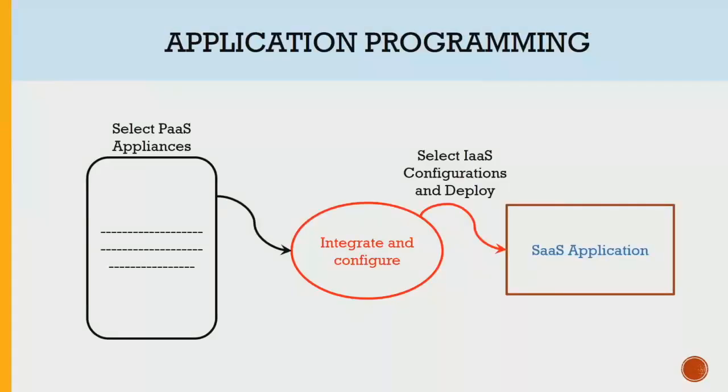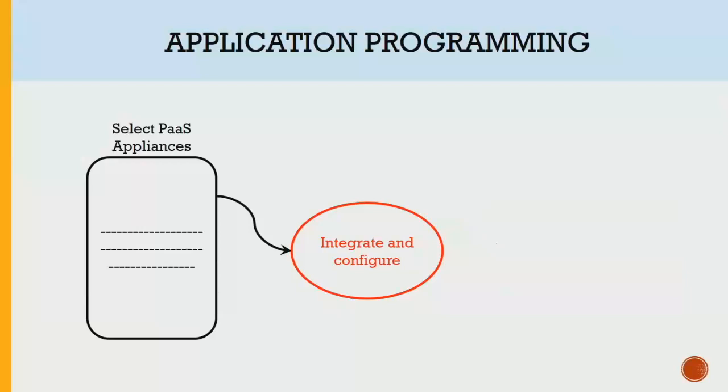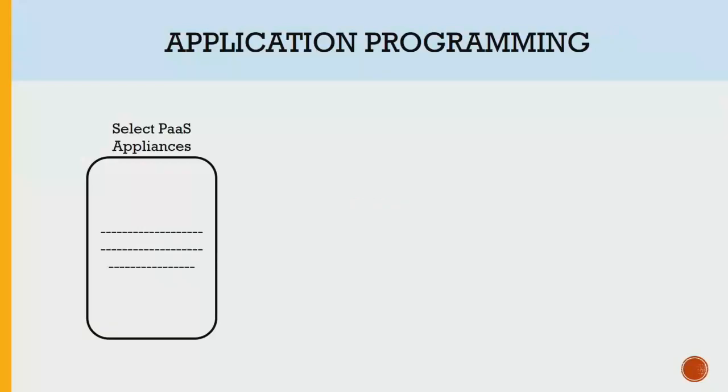Right, so till now we said this is the rough model. If you want to create some application that you want to deploy over public or private cloud, the first step is you have to select a set of virtual machine appliances or container appliances that you can get from Bitnami, Docker Hub, Amazon Marketplace.